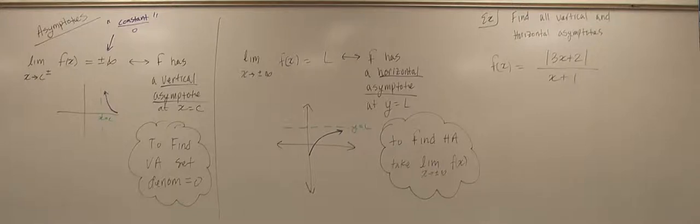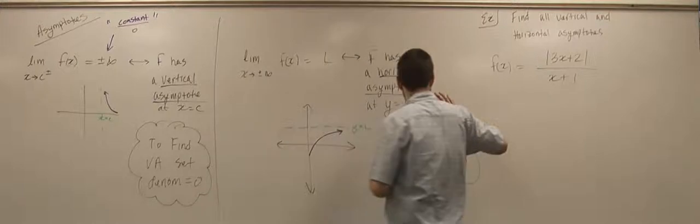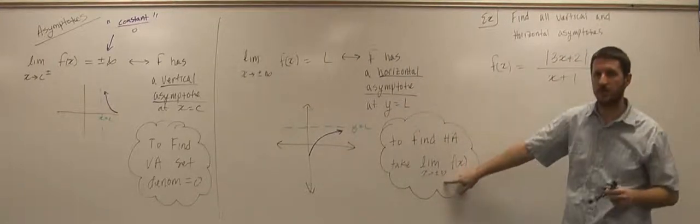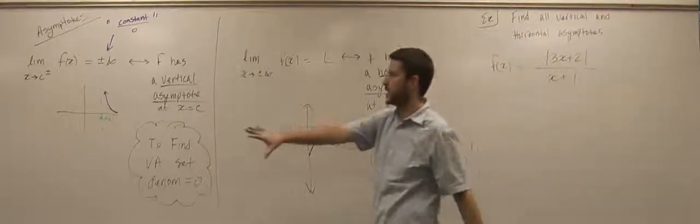So we simply do the limit to infinity and then the limit to negative infinity. For the horizontal asymptotes, you'll do the limit as x goes to positive and negative infinity. For the vertical asymptotes, you'll set the denominator equal to 0.